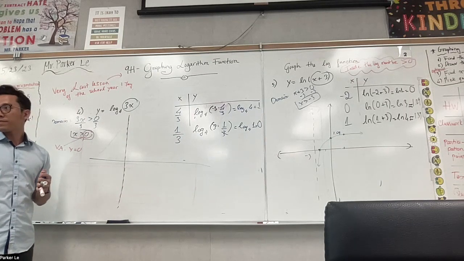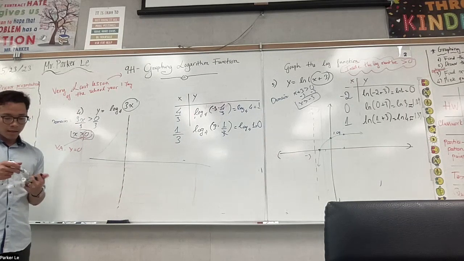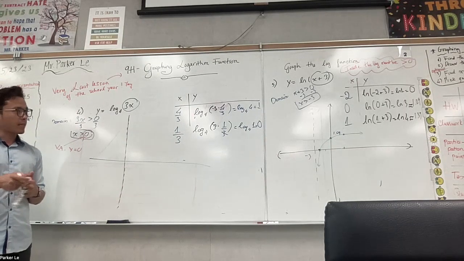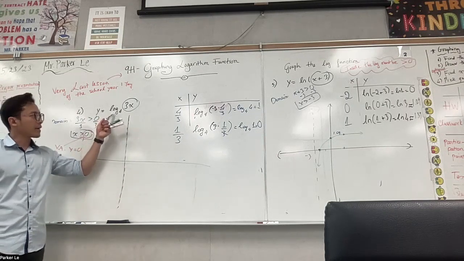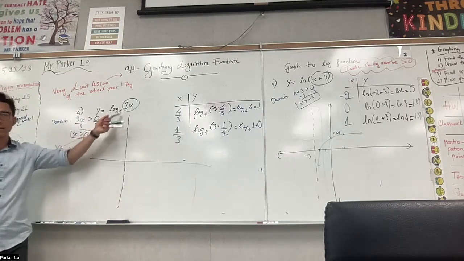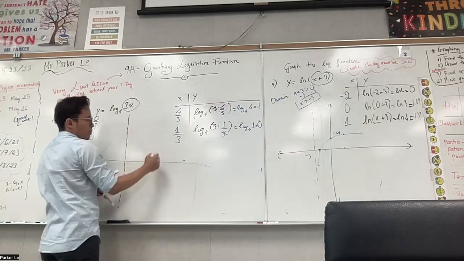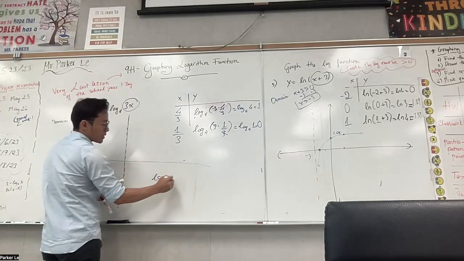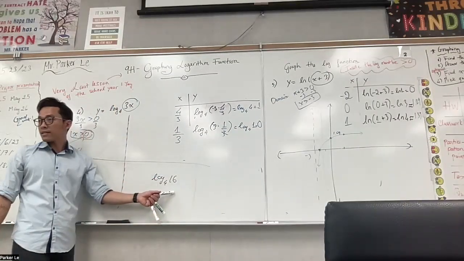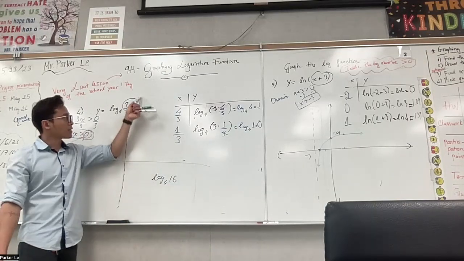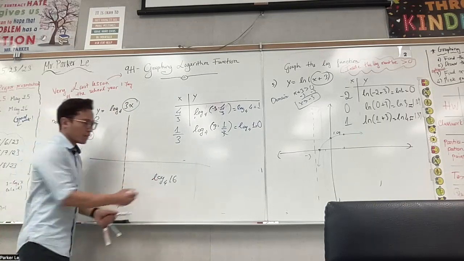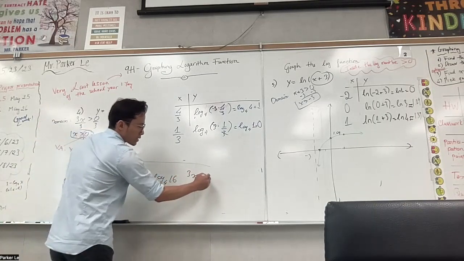What is the next good one? Again, you can choose any point, but I think there's a good point to choose. The next good one that I can do is maybe log 4 of 16. I want this whole thing to be log 4 of 16, because log 4 of 16 is 2. So I want this 3x equal to 16.